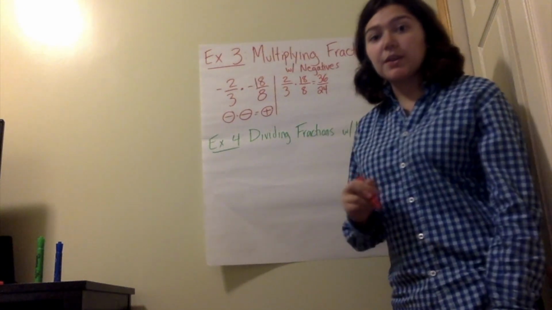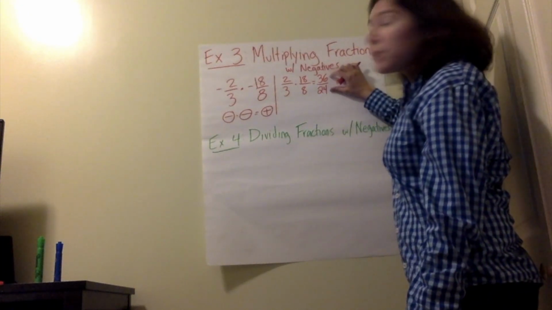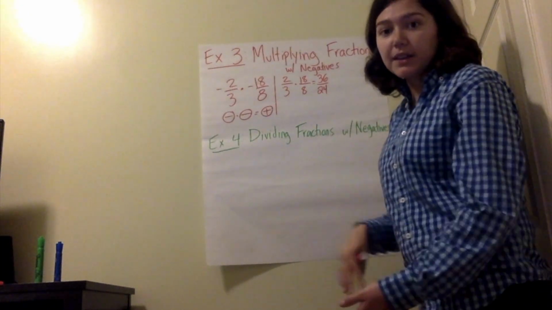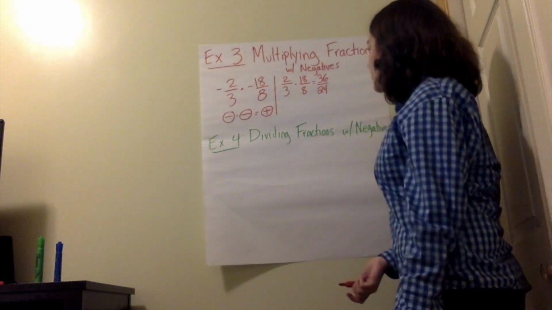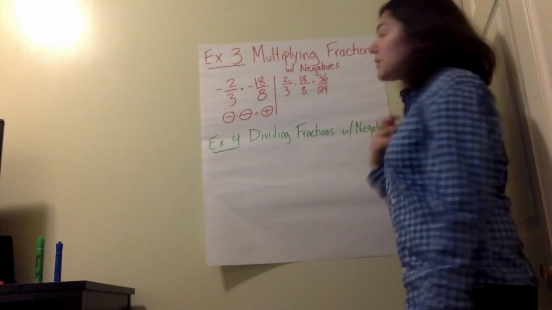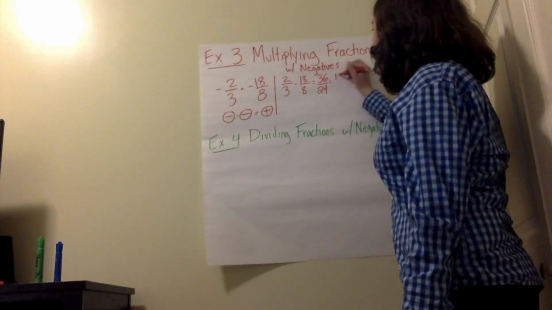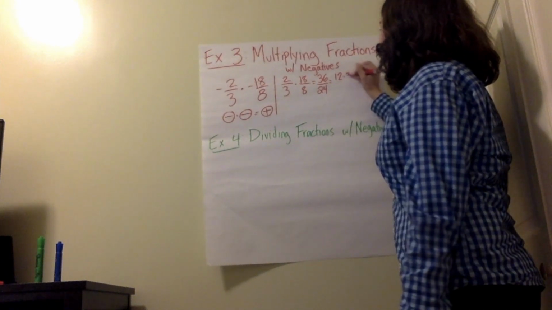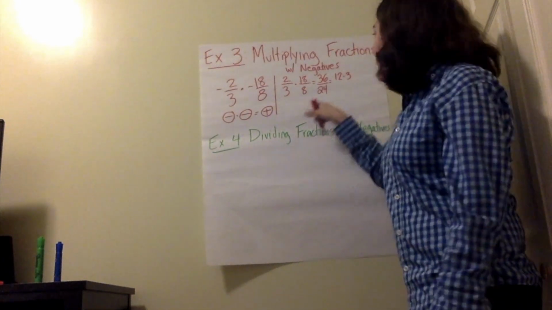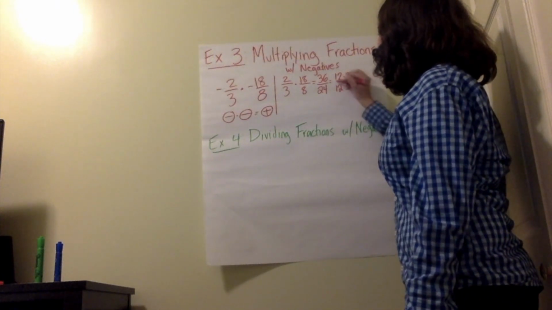At that point, we're going to want to simplify. We want to see if there's a factor of both of these that we can divide by to make it simpler and find an equivalent fraction. Looking at this, you'd have to do a little work. But 36 is the same thing as 12 times 3, and 24 is the same thing as 12 times 2.